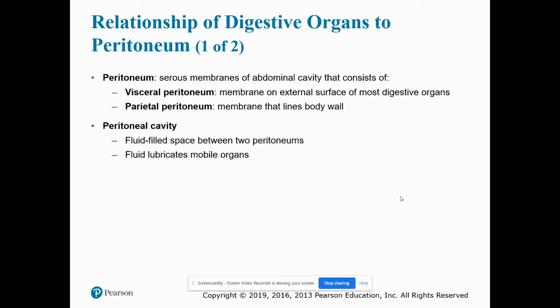We have a visceral peritoneum and a parietal peritoneum. The visceral peritoneum is the membrane on the external surface of most digestive organs, and the parietal peritoneum is the membrane that lines the body wall. Just like with the other two types of serous membranes, there's a peritoneal cavity. This is fluid filled, and it helps lubricate mobile organs.